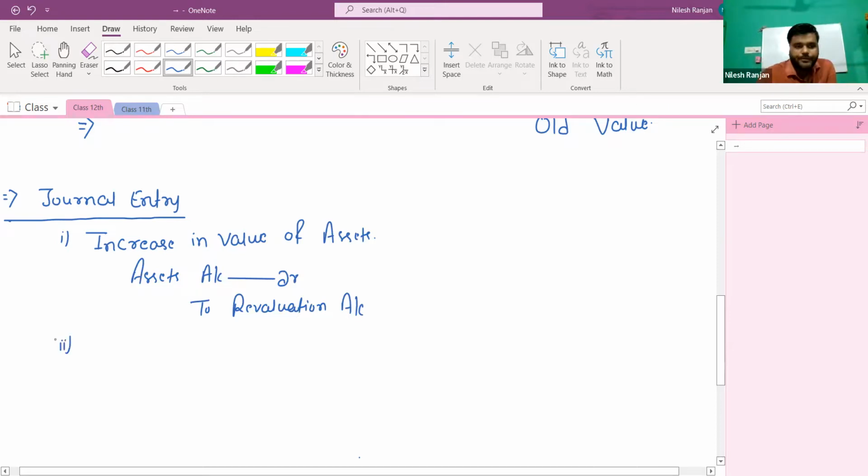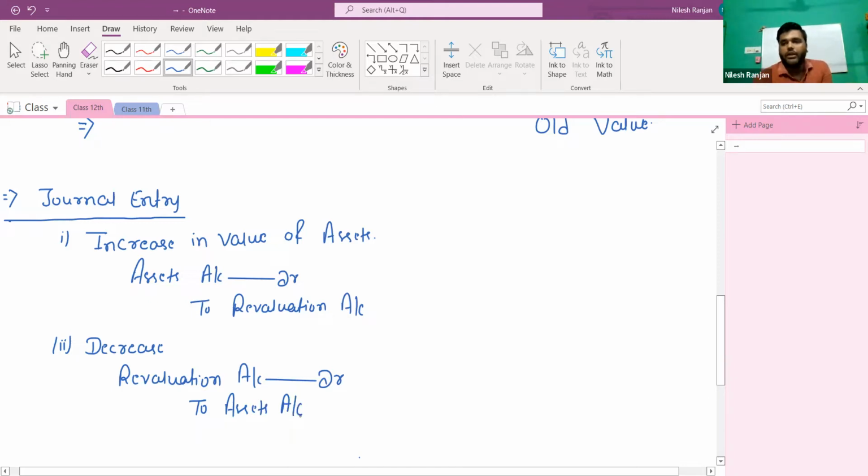Now, decrease in value of assets. So the entry will be reversed, revaluation account debit to assets. Okay. Now, if the question asks you about unrecorded assets, assets which are not recorded in the books but exist, then what will be the journal entry?